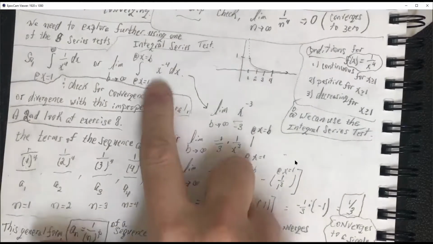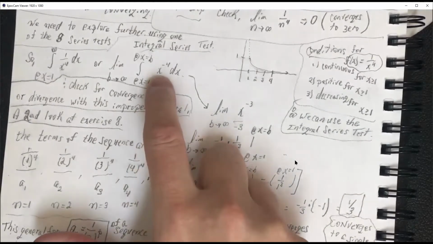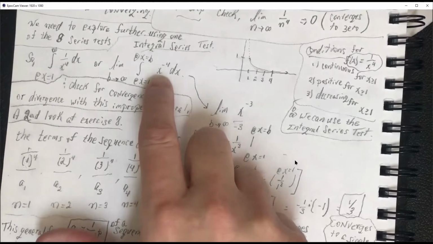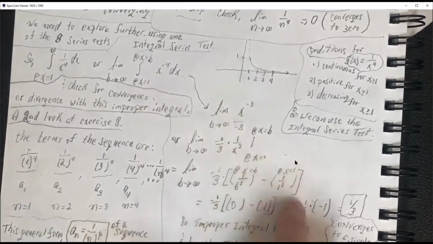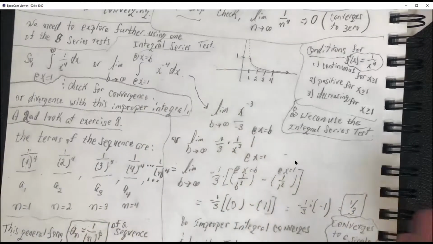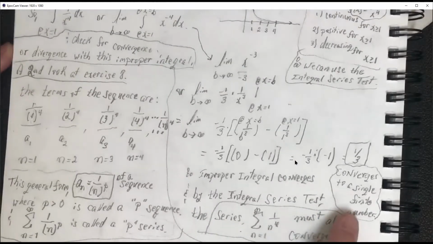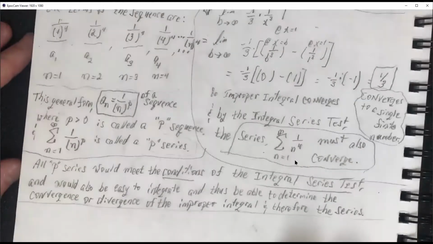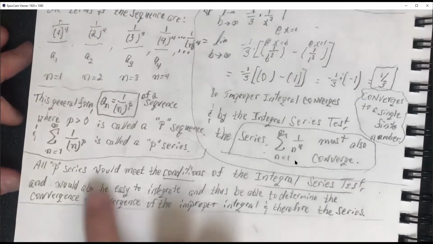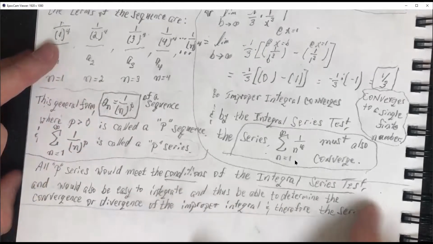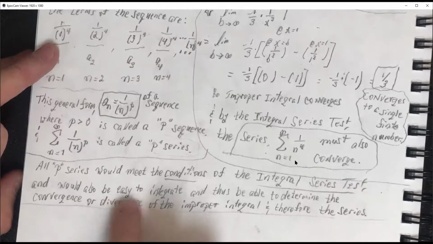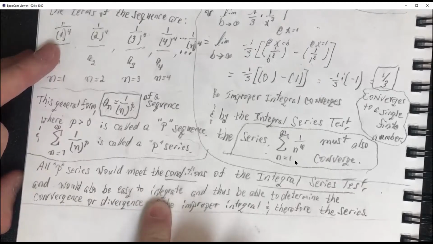But anyway, this will always become an easy integral because we always will be able to use the power rule. Once we integrate and evaluate it, we will get this improper integral converging or diverging. When we did it on this one, it converged. And so all P series would meet the conditions of the integral series test and would also be easy to integrate, as I just mentioned.